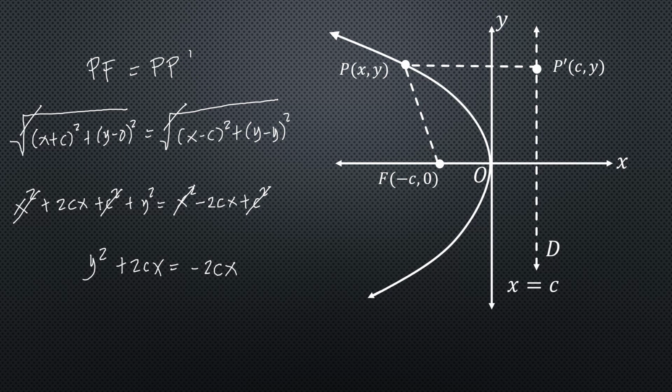Subtracting 2cx from both sides, we'll have y squared is equal to negative 4cx. Hence, for the parabola that opens to the left and vertex at the origin, the equation is given by y squared equals negative 4cx.